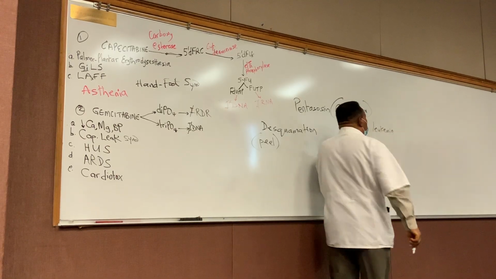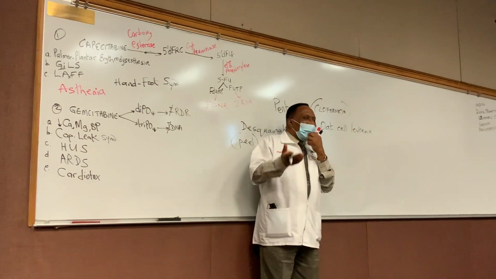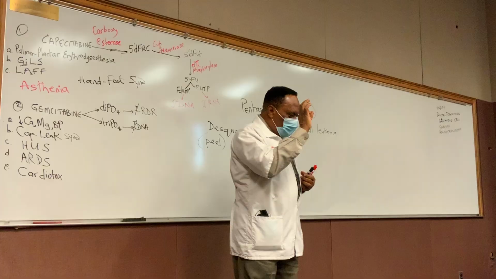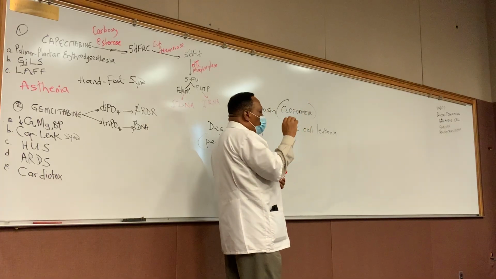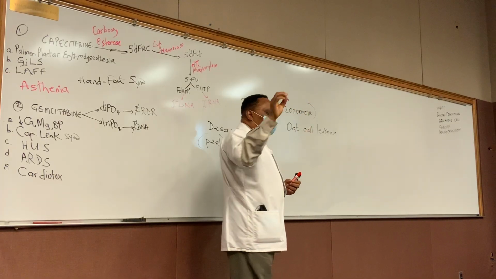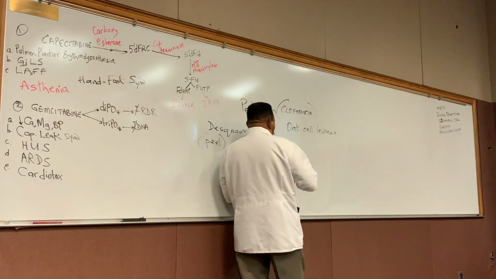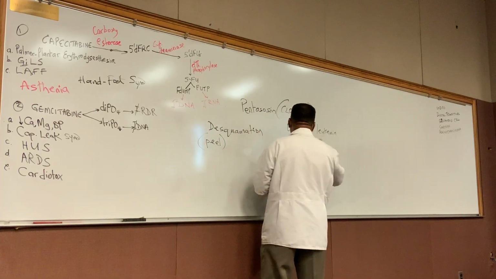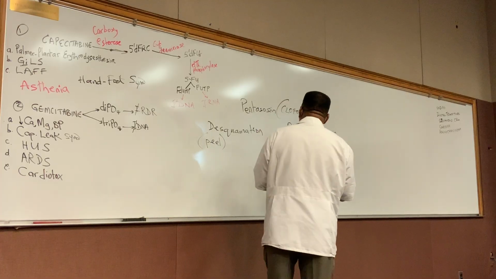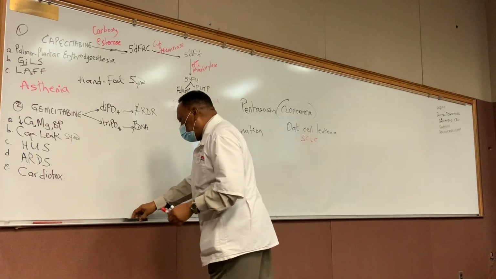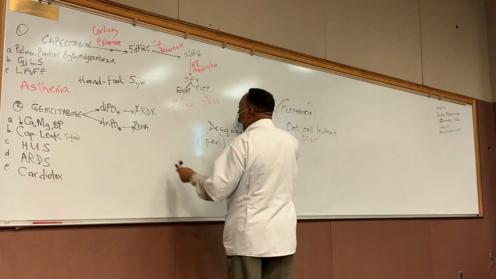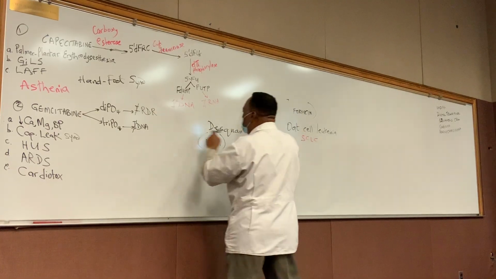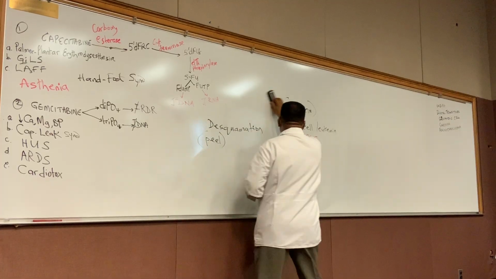And that is perhaps the most deadly form of SCLC, small cell lung cancer. So an inhibitor of RDR is that agent.